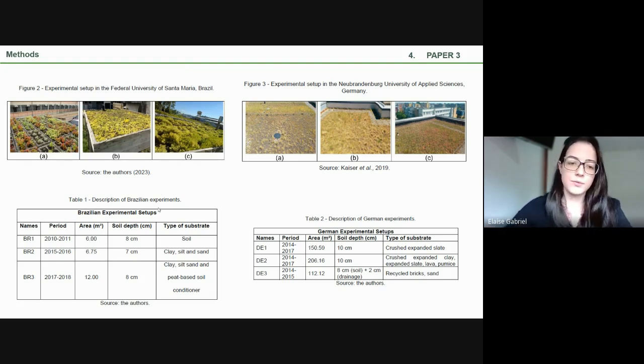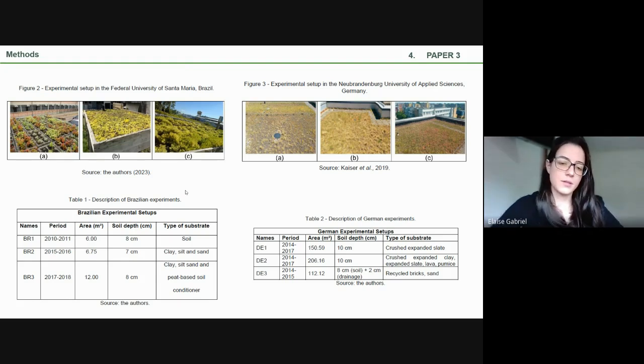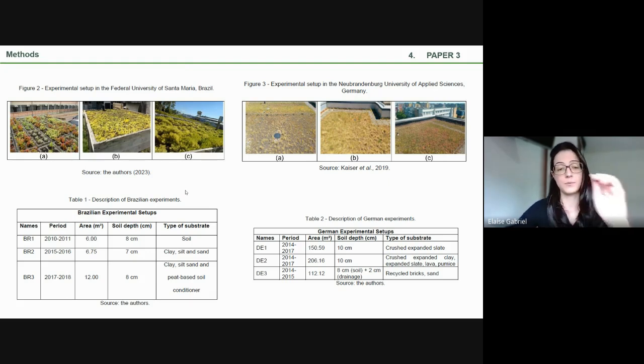The monitoring used in the German green roofs was similar to the one that we used in the Brazilian green roofs, which consisted of a tipping bucket rain gauge with 0.2 millimeter precision and a recording time step of 5 minutes for retention data, placed in each one of the green roofs.